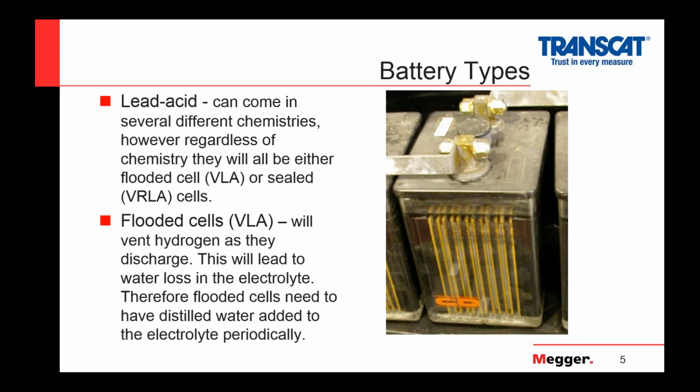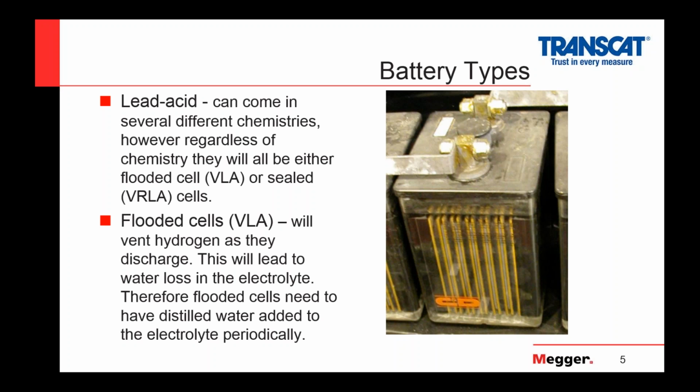And of these batteries, we have both vented lead acid, VLA, and valve-regulated lead acid, VRLA. They're quite different. The flooded VLA batteries, vented lead acid, these are the batteries that are filled with electrolyte. They have a lot of electrolyte in them. And as they discharge, they release hydrogen gas. This is a small amount, but they should always be kept in a vented room because of this.